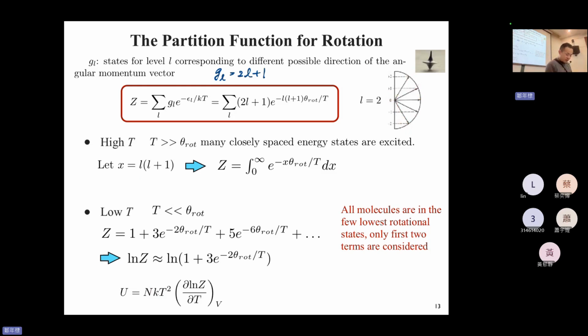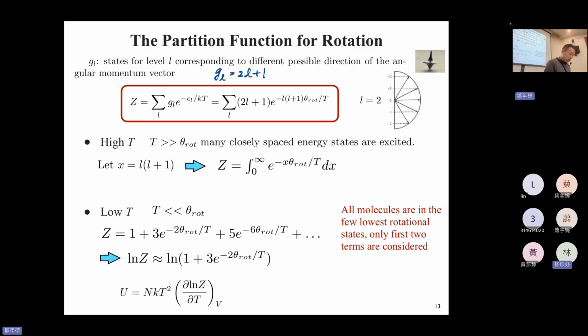All right, so you got 5 choices. This is how they solve that. So you substitute this GL into here, you get Z equal to this.